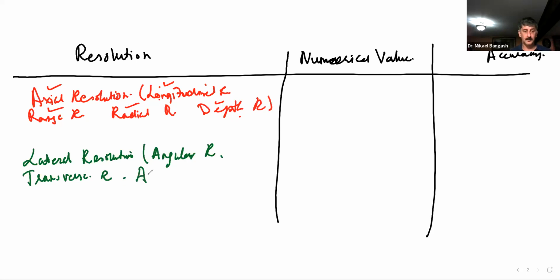And it may also be called the azimuthal resolution. So those are other names which also refer to your lateral resolution. Clear? We're going to cover all these again once we talk about the lateral resolution as a separate topic.